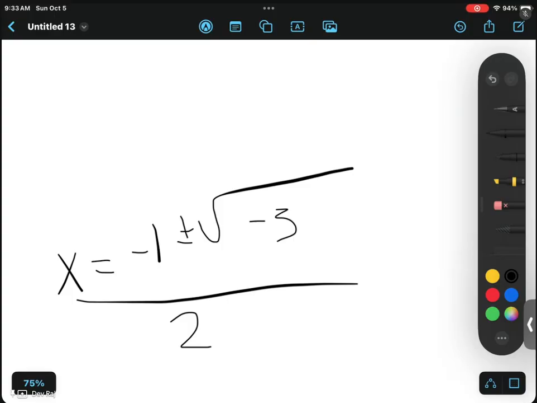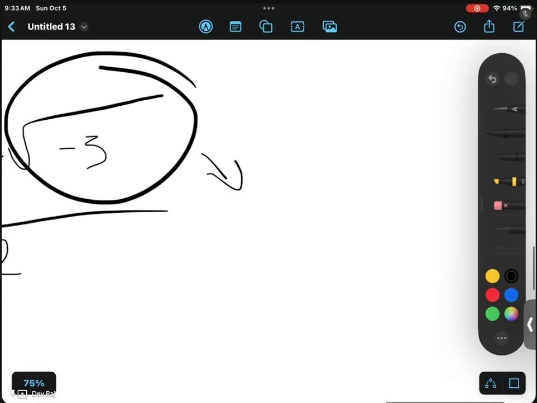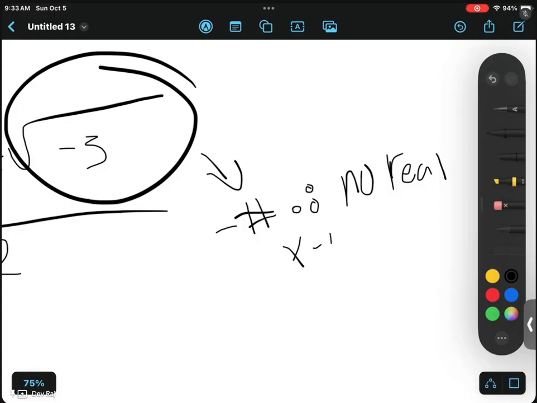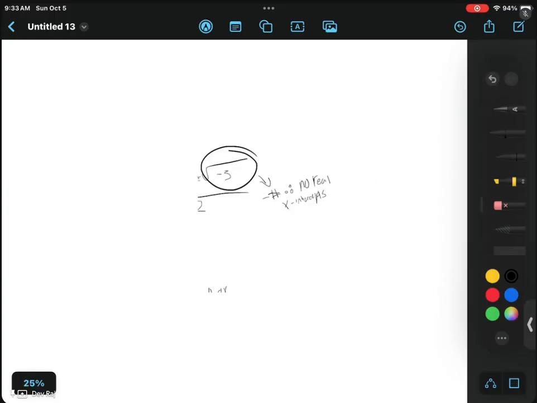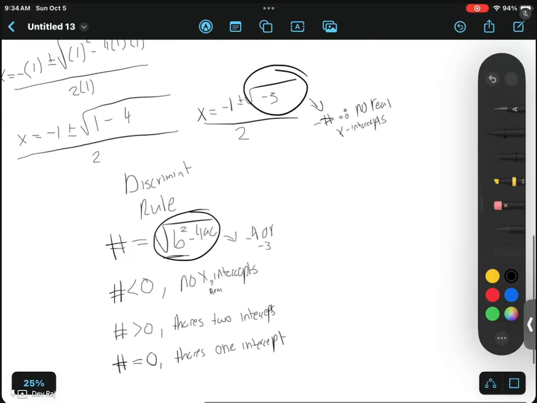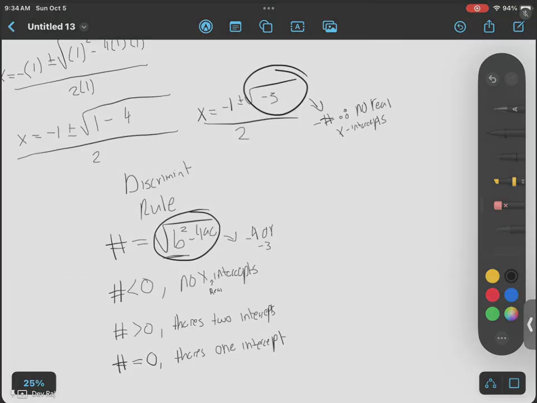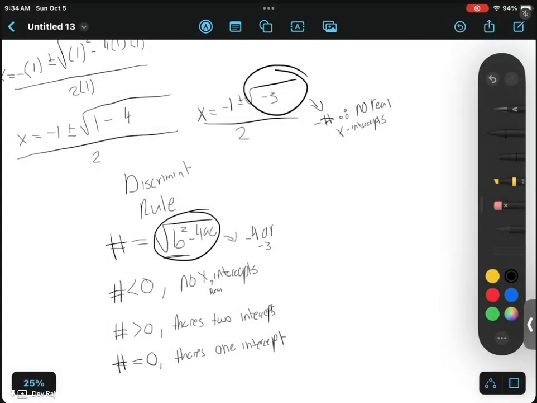Right, yeah, because this thing is a negative number, therefore no real x-intercepts. Right, are we clear on that? Okay, so IT, you're good on that too? Okay.